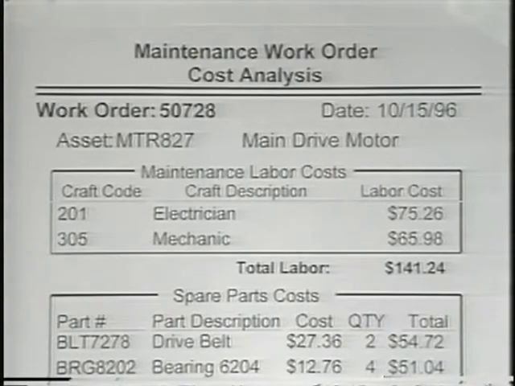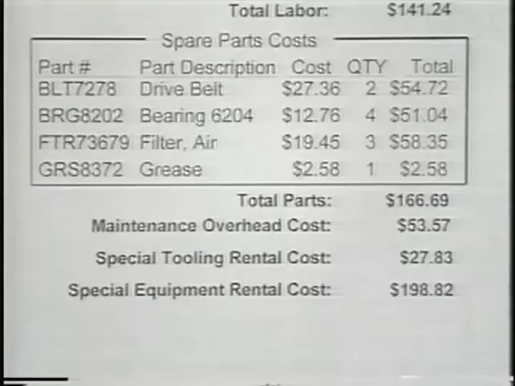Then we identify the different spare parts that we have used, and in this case the spare parts cost is $166.69, and as I indicated on the previous exhibit, we're now showing a maintenance overhead cost of $53.57.